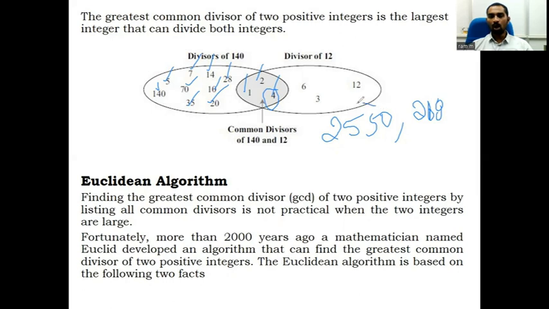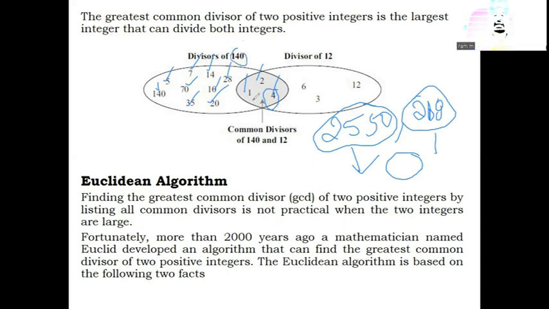You need to list out all the divisors which exactly divide 2550, and all the divisors which exactly divide 268. From this, again you need to find the common values. For only a 3-digit value we got around 15. If I consider a 4-digit value, maybe I'll get 50 or 60 divisors. So it is somewhat difficult.